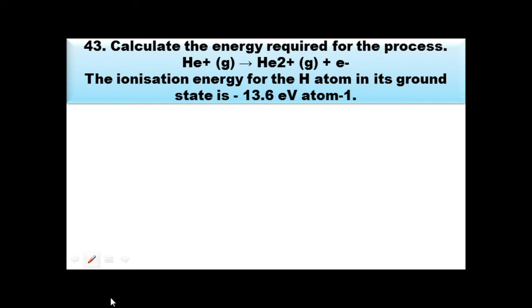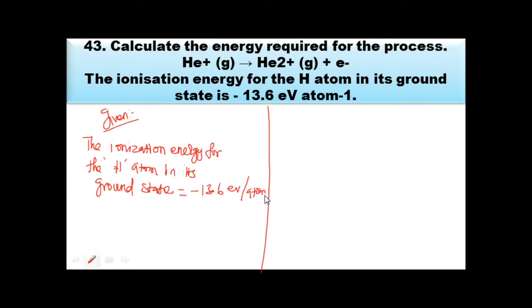So the ionization energy equals minus 13.6 Z square divided by N square electron volt.